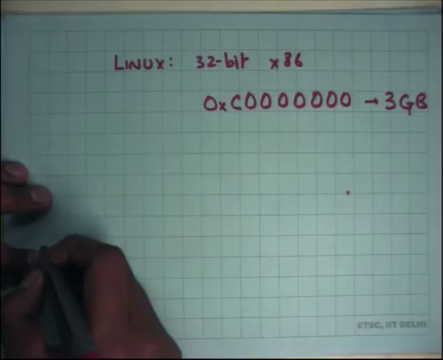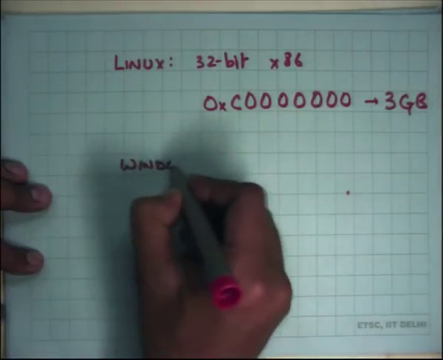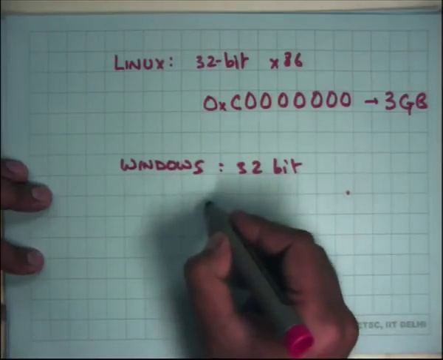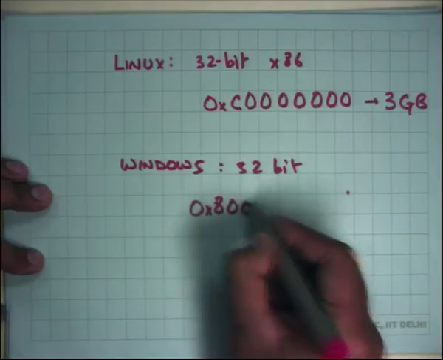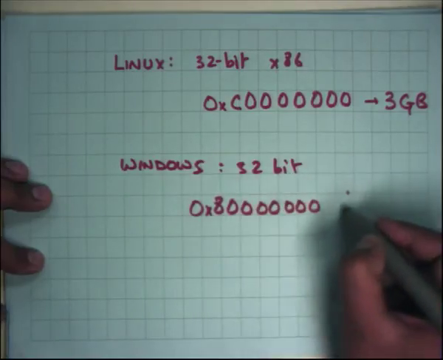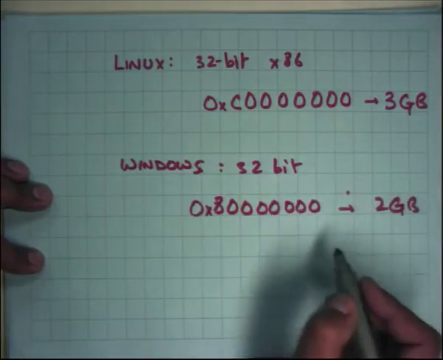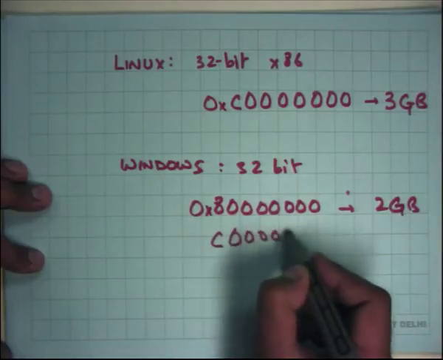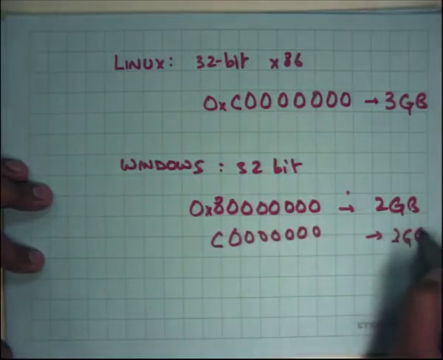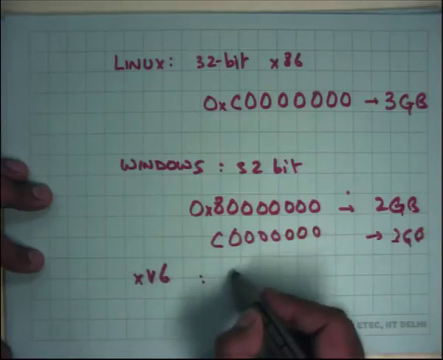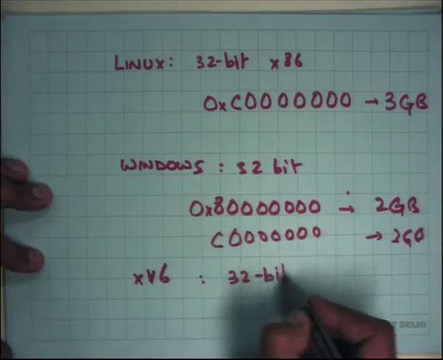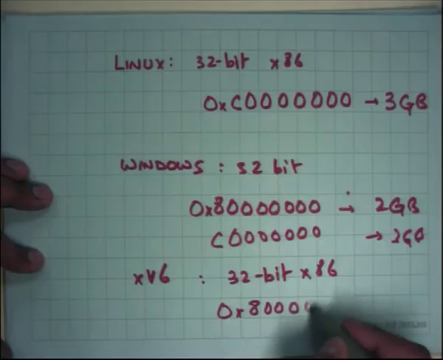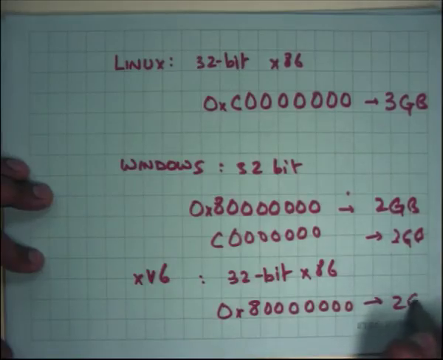Windows on 32-bit, I think by default, starts at this address, that's 2 GB, but you can configure it to start at 3 GB. XV6 on 32-bit x86 starts at 2 GB.